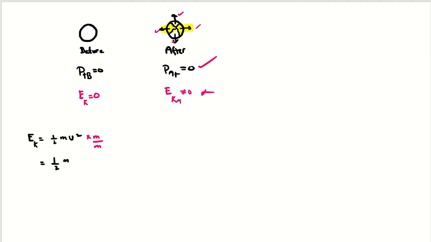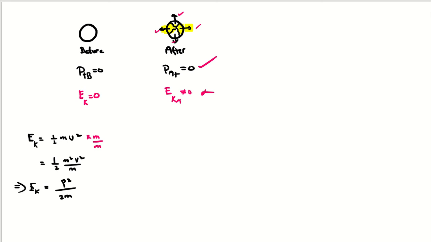So half m squared v squared over m. So this m squared v squared, it's the momentum squared, okay? So I can write that the kinetic energy is equal to the momentum squared over 2m. So I can write the kinetic energy in terms of the momentum.